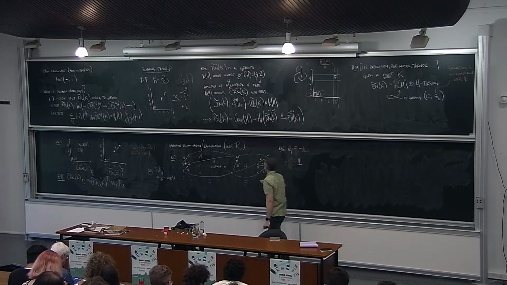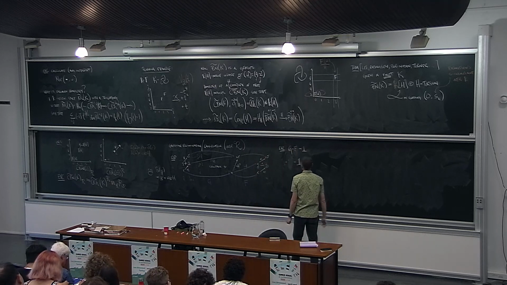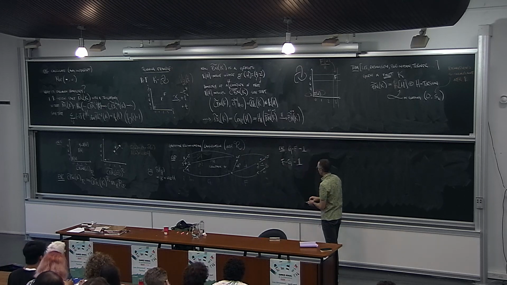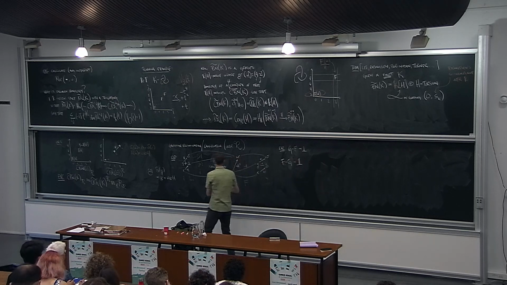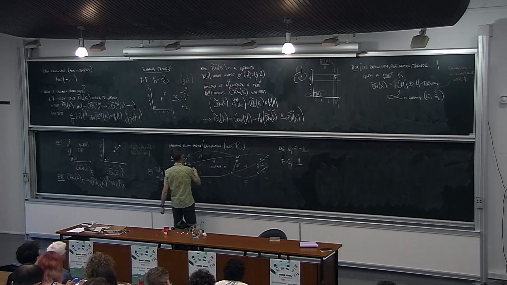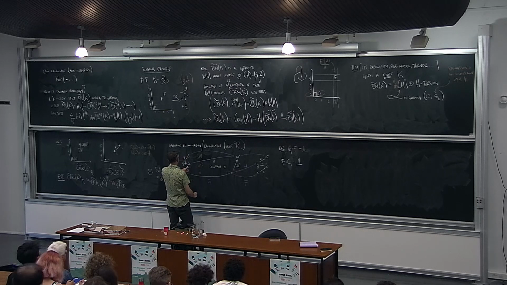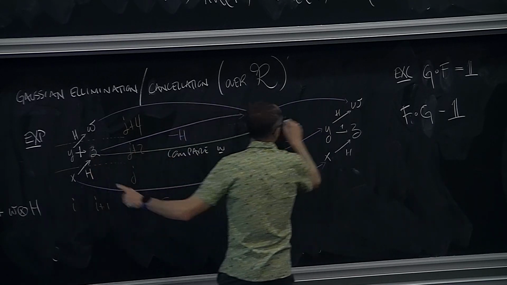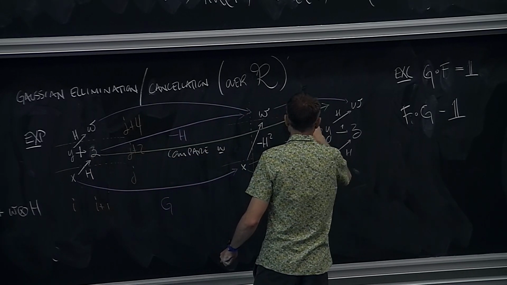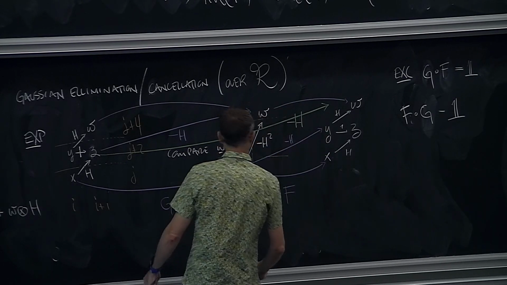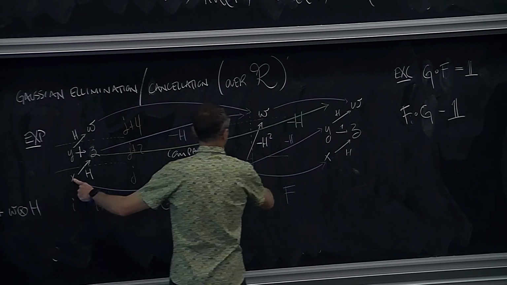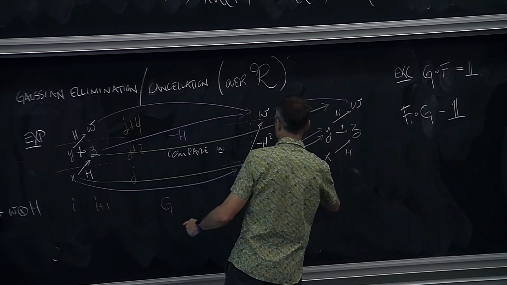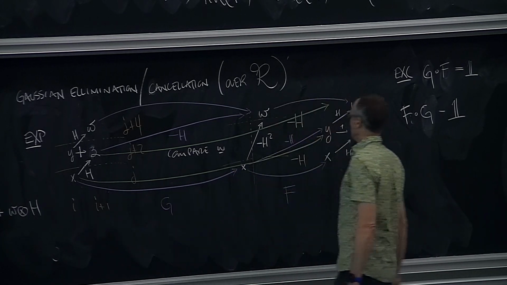Okay, so first F, then G. This has a defect, right? So when I compose these together, I get things like, switch to green, for instance, Z goes to W, goes to W. So this has a minus H on it. And X goes to Y. So this also has a minus H on it. So that's a pretty big mess.